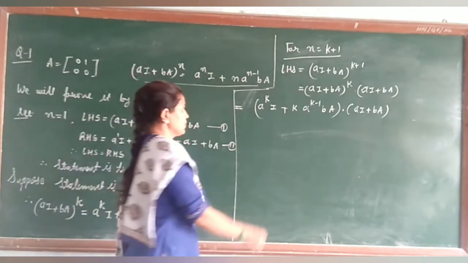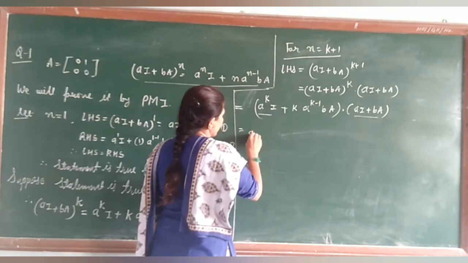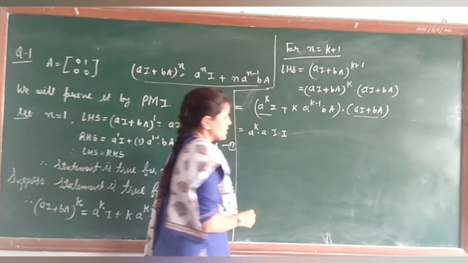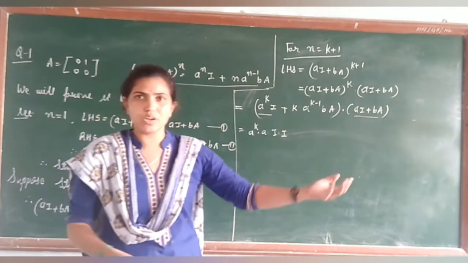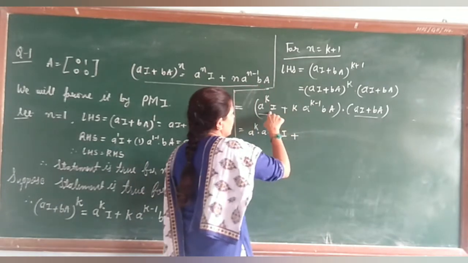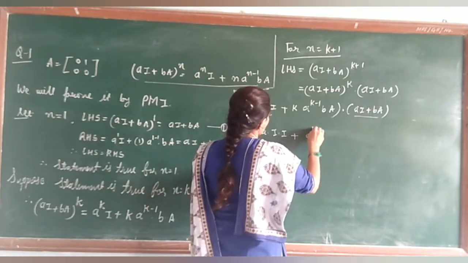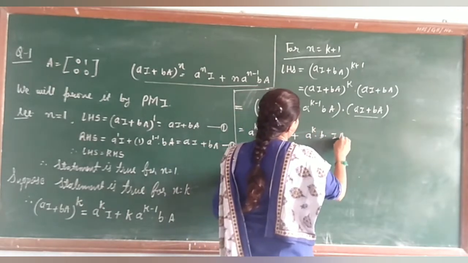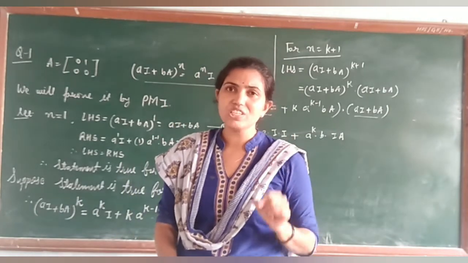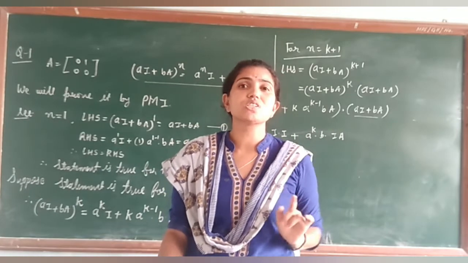Now multiply. Further step is multiply. So first we multiply these two. So a raised to k into a, so a raised to k into a, I into I. स्केलर को अलग मल्टीप्लाई करना है, मैट्रिक्स को अलग रखना है. Because this property we know, है ना? Then a raised to k we multiply b. So a raised to k into b into I into A. देखिए याद रखिएगा, जब भी आप मैट्रिक्स मल्टीप्लिकेशन कर रहे हो, तो उसका जो सीक्वेंस है वो चेंज नहीं होना चाहिए.